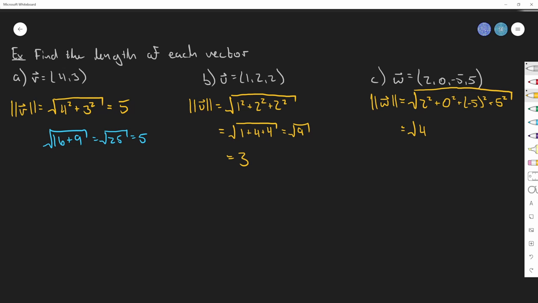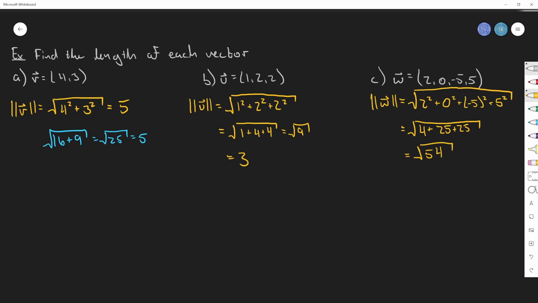We're just going to ignore the 0 because it's 0. So negative 5 squared is 25 plus an extra 25, and you'll get the square root of 54, because 25 plus 25 is 50 plus 4. Take the square root of that, and there you go, you get your answer. If you want to simplify even more, go ahead.